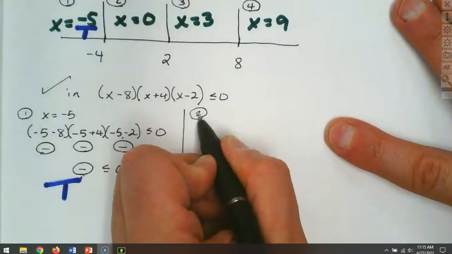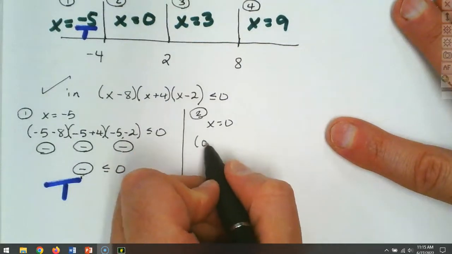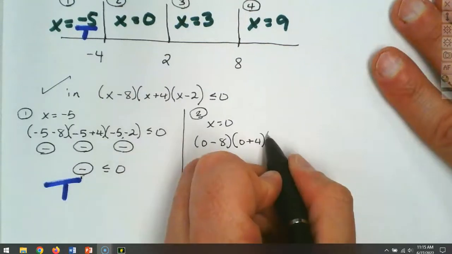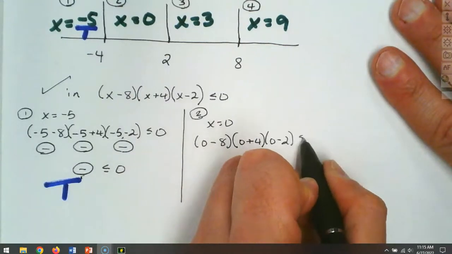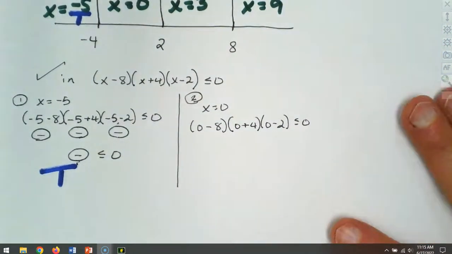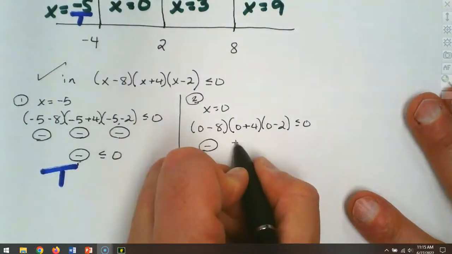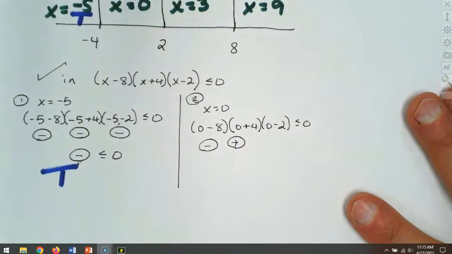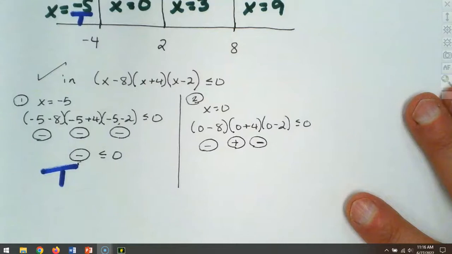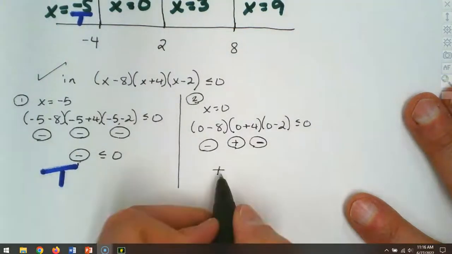Second region, we're going to plug in 0. 0 minus 8, 0 plus 4, 0 minus 2. 0 minus 8, negative. 0 plus 4, positive. 0 minus 2, negative. 2 negatives make it positive.